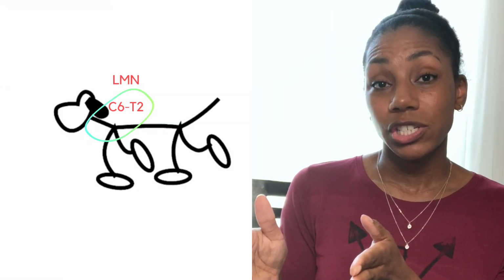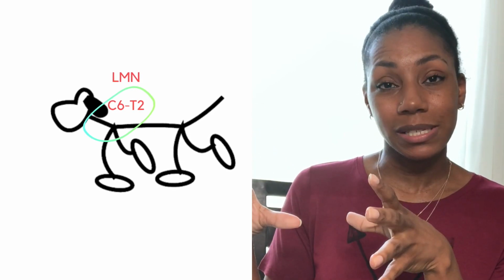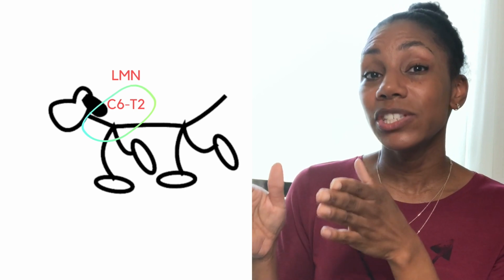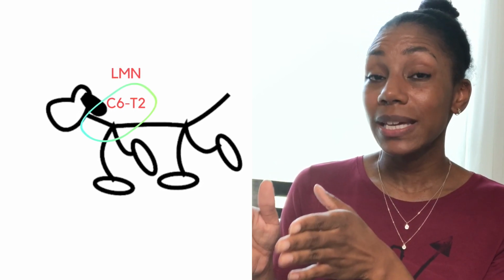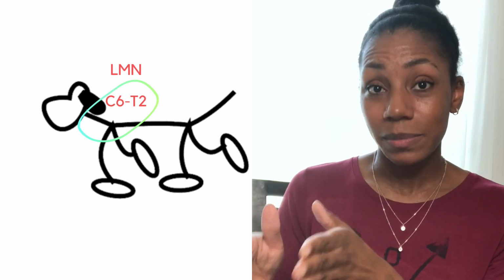So of course I'm going to move down to C6T2, which is where my lower motor neuron bundle or intumescence is. And any lesion there is going to give me lower motor neuron signs in the thoracic limbs and upper motor neuron signs by the pelvic limbs.